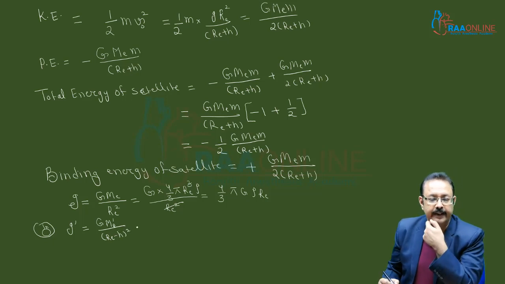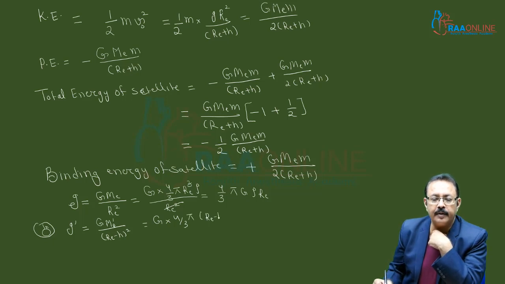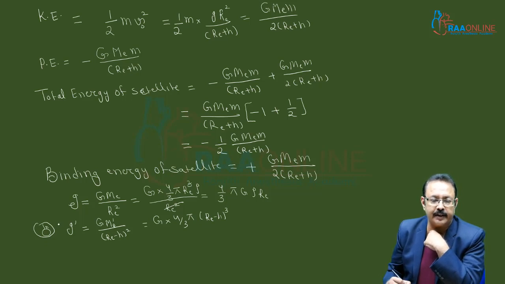So what we are getting inside, it is G 4 upon 3 pi RE minus H whole cube, volume of this sphere inside sphere, into rho divided by RE minus H whole square.